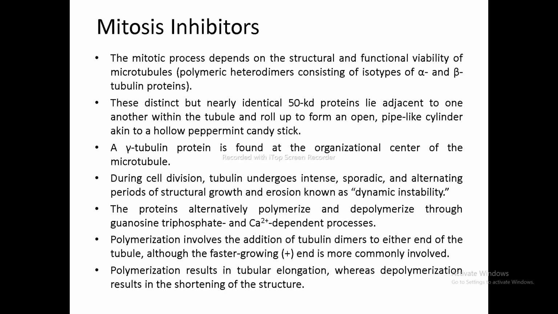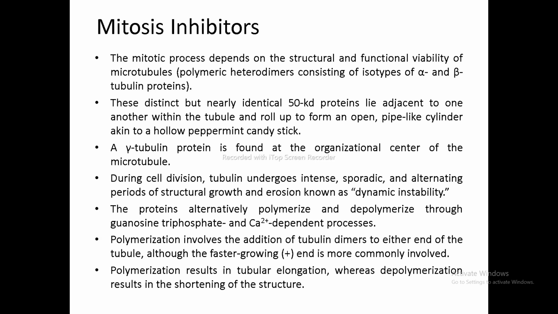So the first class of the plant alkaloids is the mitosis inhibitors. The mitosis process depends on structural and functional viability of the microtubules. The polymeric heterodimers consist of isotypes of the alpha and beta tubulin proteins.